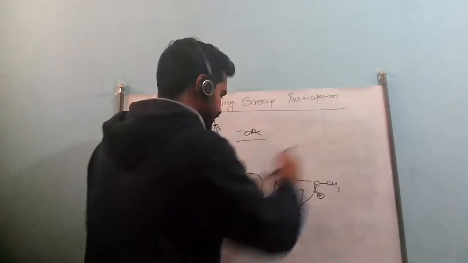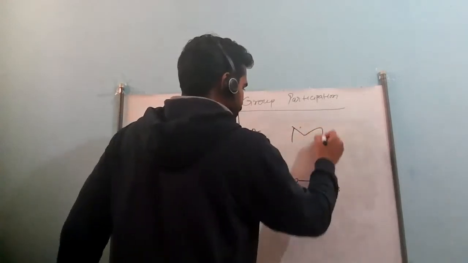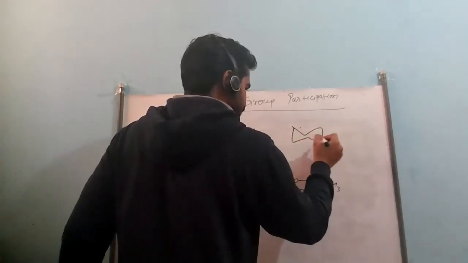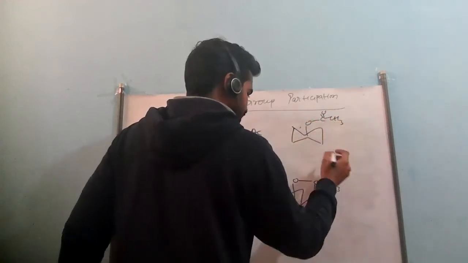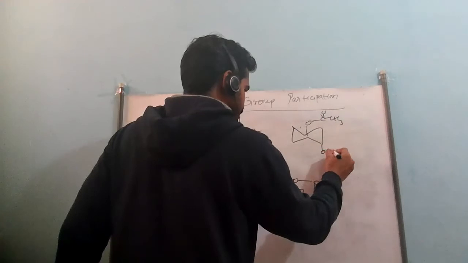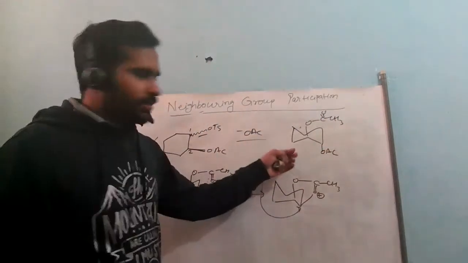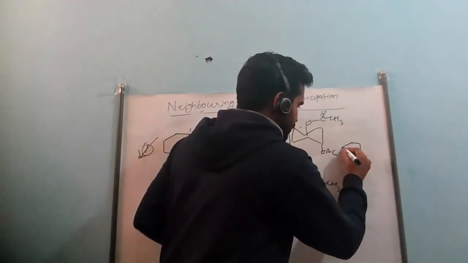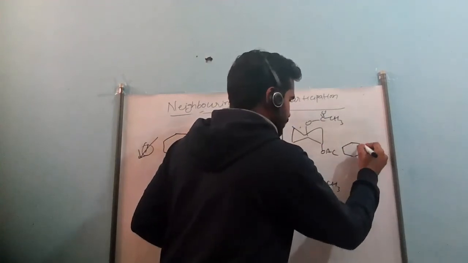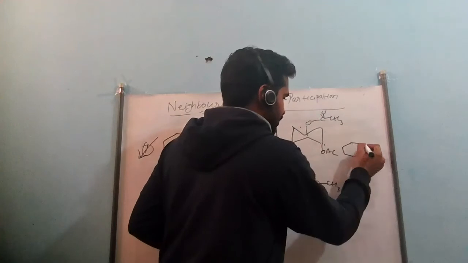I'm writing here, we will have the product OCOCH3 and this will be OAC, which we can write as this one. Suppose this is 1 and this is 1.